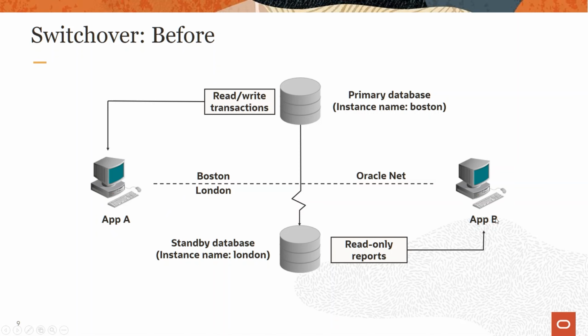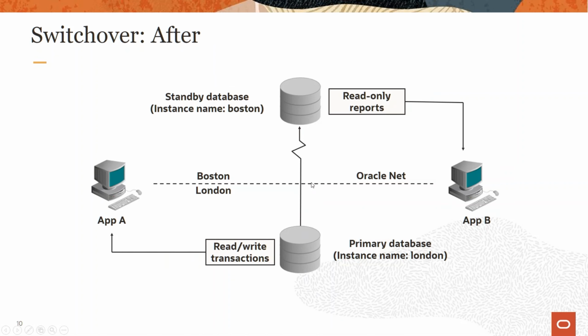Application B is a reporting application, so it connects to the standby database to do reporting operations. But after the database role gets changed, application A connects to the new primary database, which is the London database. Application B, the reporting application, uses a connection to the Boston database, which is the new physical standby database.